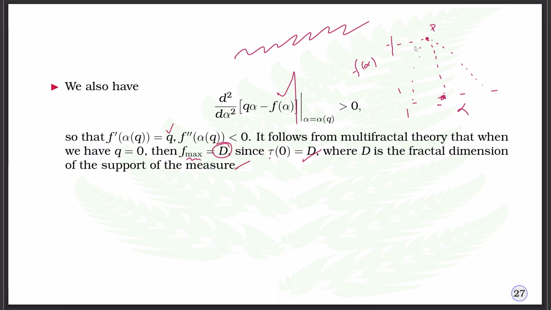It is classified locally by all its subsets. What this means is that when you take α, f(α) gives the fractal dimension of the set which has the mass exponent α. Like that we can define the multifractal spectrum for α and f(α).